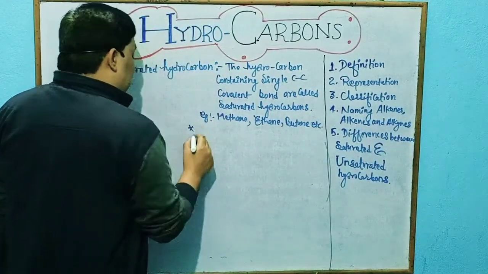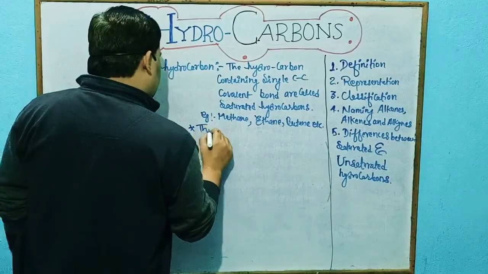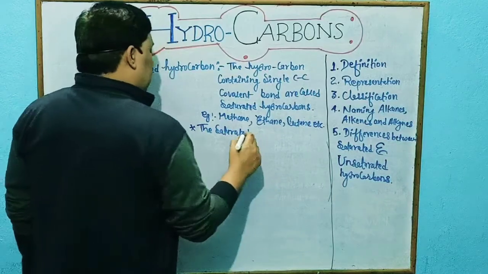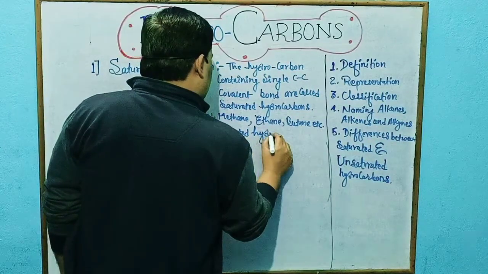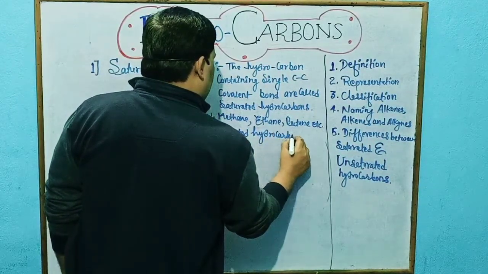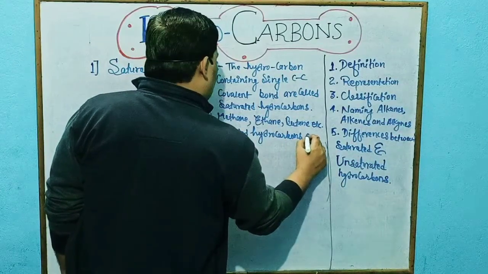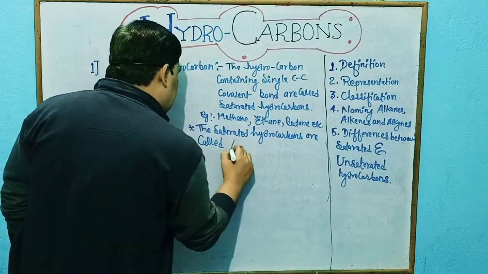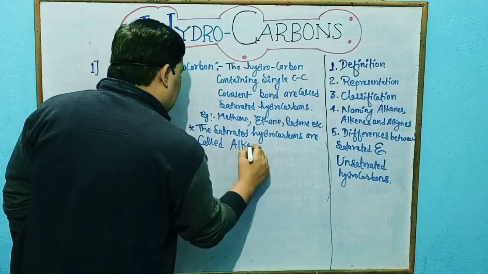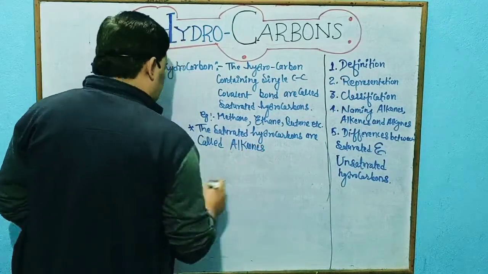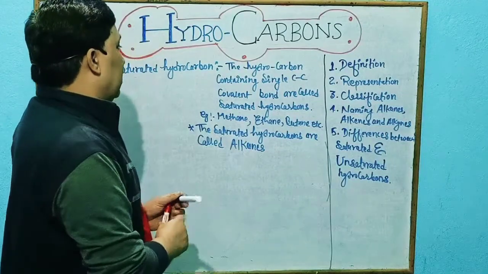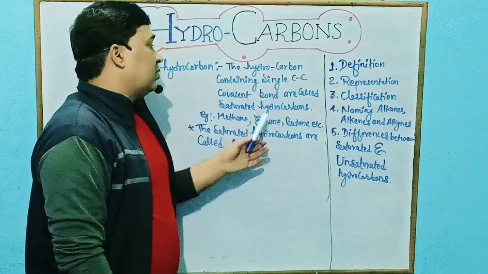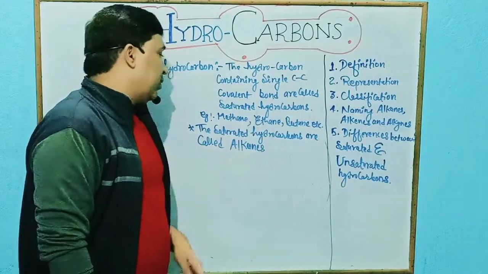The saturated hydrocarbons are called alkanes. So, the hydrocarbons containing single C-C covalent bonds are called saturated hydrocarbons.